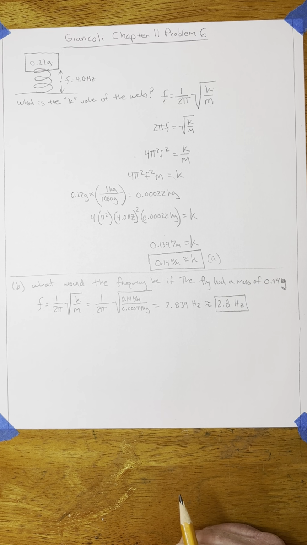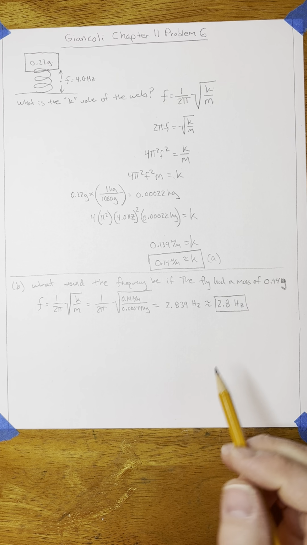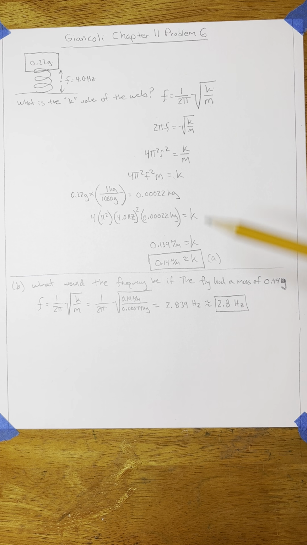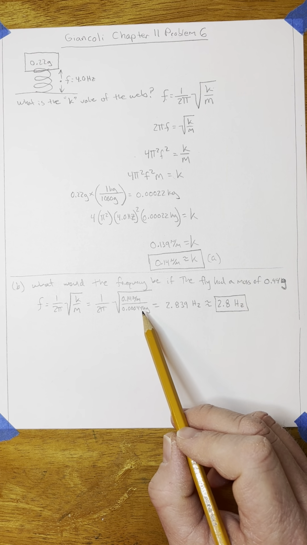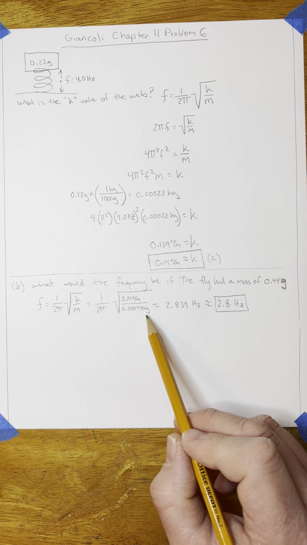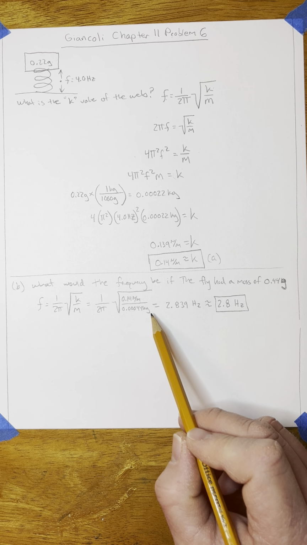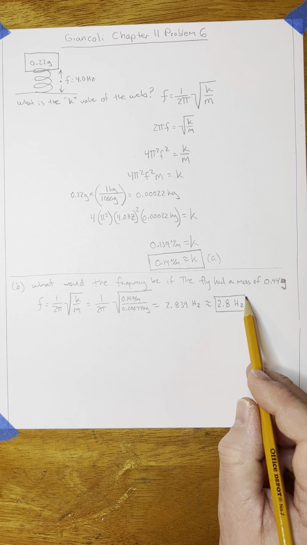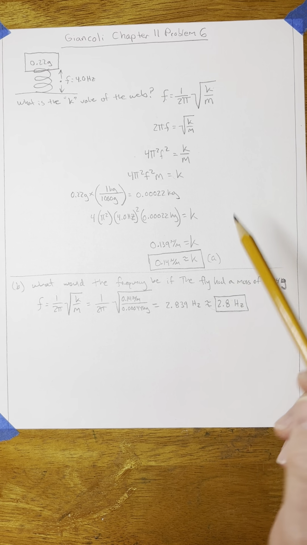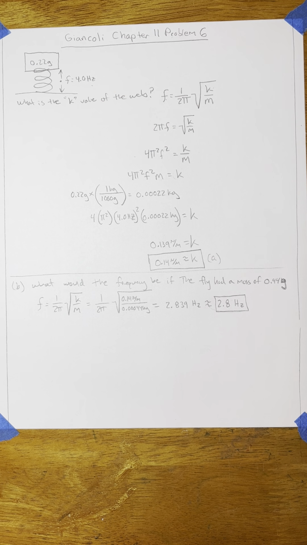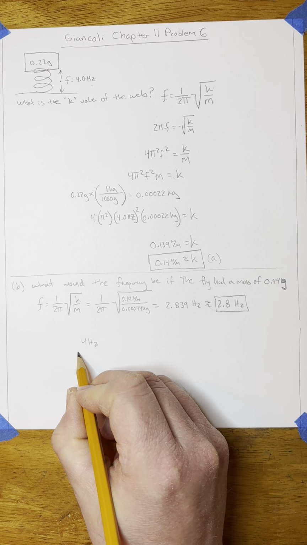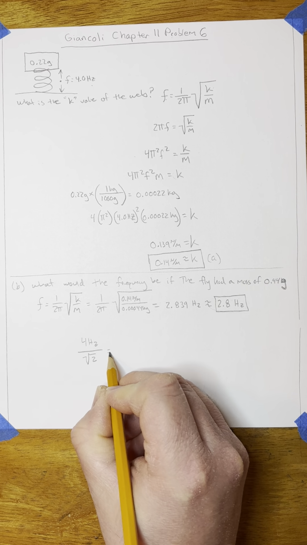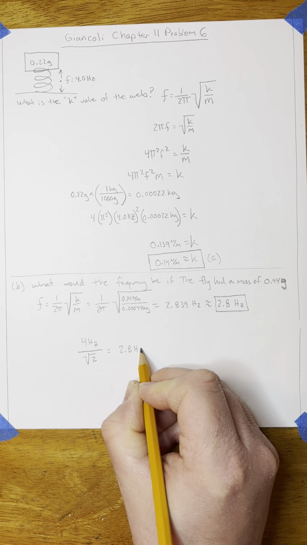Now, a little something that's interesting here. If you think about this, what we did is we doubled the mass. We multiplied 0.00022 kilograms by 2 to get 0.00044 kilograms. If you look at 2.8 hertz compared to 4 hertz, 4 hertz divided by the square root of 2 gives you 2.8 hertz.